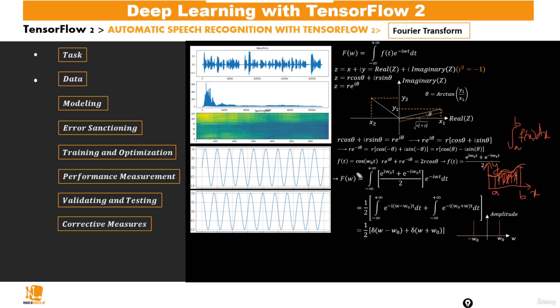If we look at the cos theta and sine theta functions, we'll see that if we calculate the area under these curves as we go from negative infinity to positive infinity, then whenever we have a value which is different from omega 0, let's take any value different from omega 0.